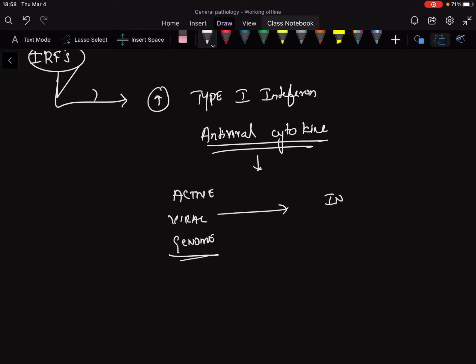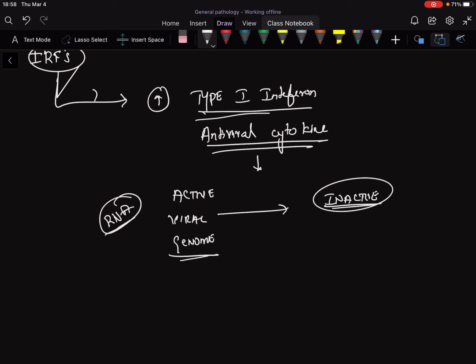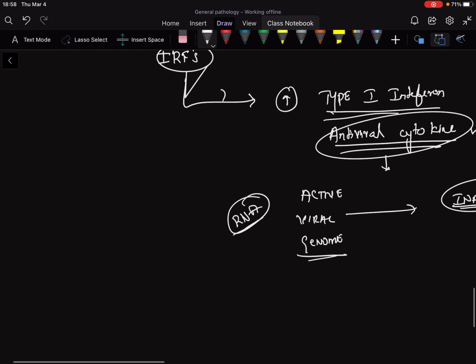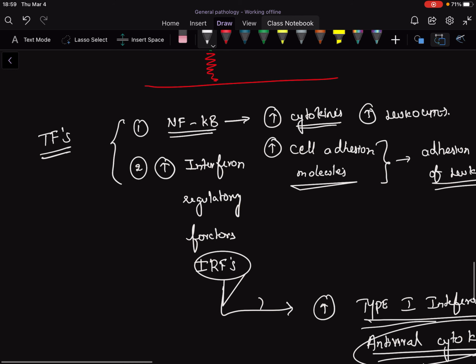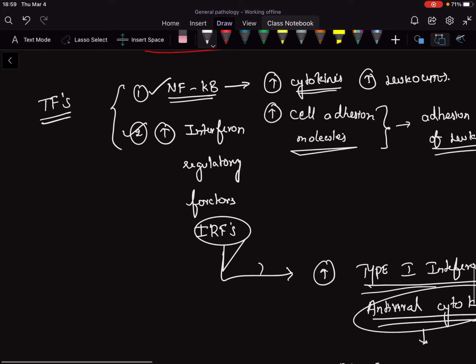Suppose there is any viral RNA, it will convert this active viral RNA into an inactive one. Hence, type 1 interferon is called the antiviral cytokine. So these were the functions of toll-like receptors: one is the increase in the NF-kB pathway and the other is the increase in interferon.